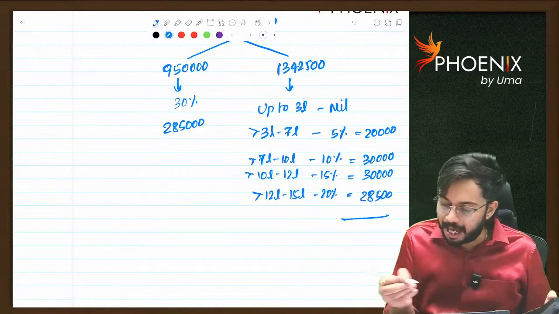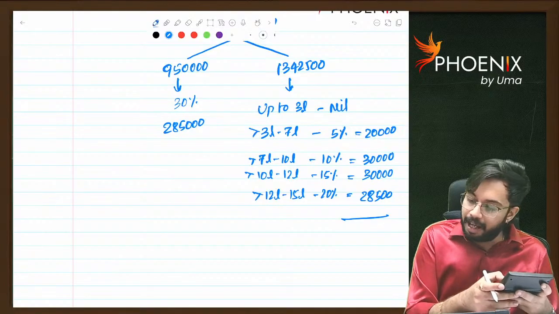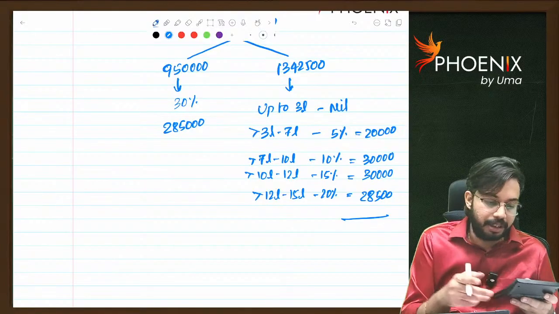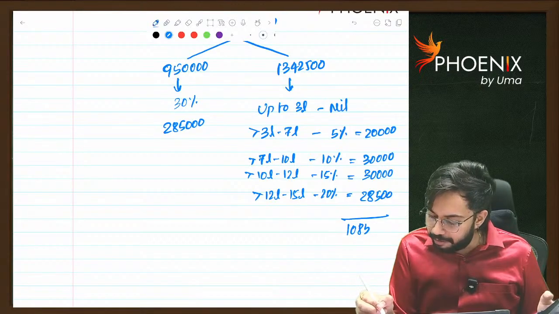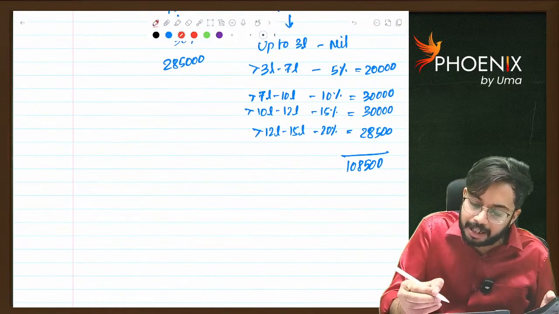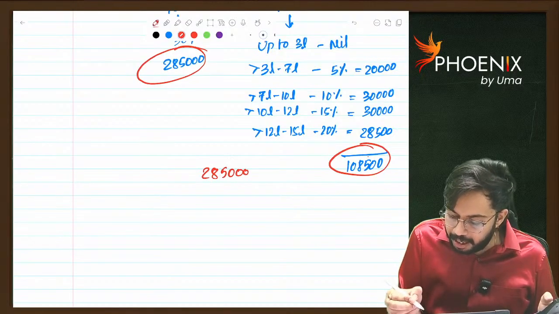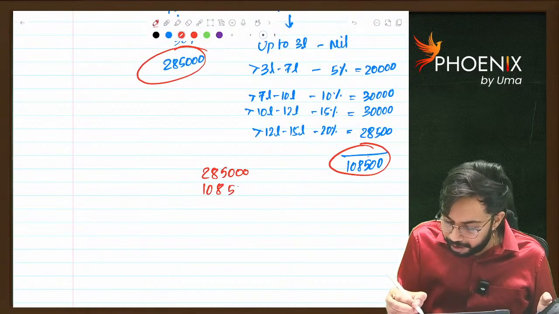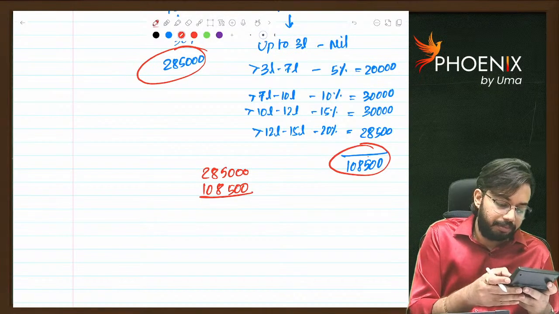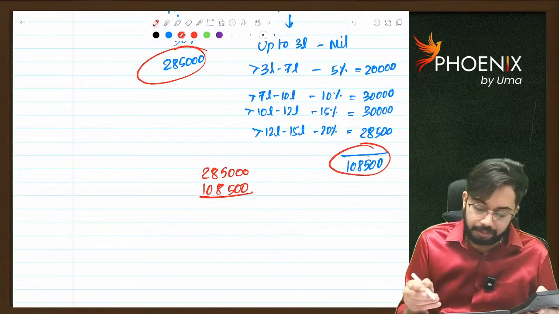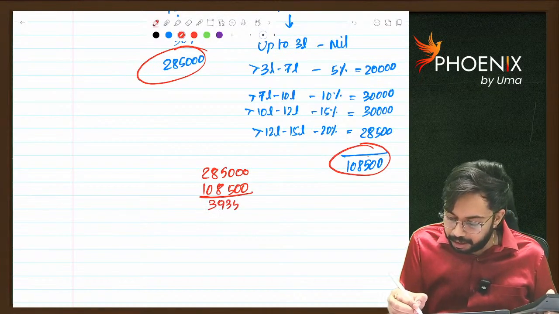So how much is tax? 28,500 plus 80,000, 1 lakh 8,500. So how much is total tax? 2 lakh 85,000 plus 1 lakh 8,500. Total 3 lakh 93,500.